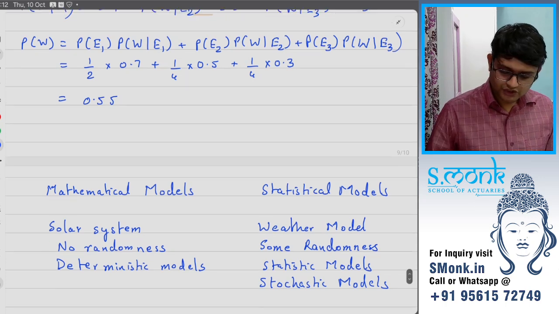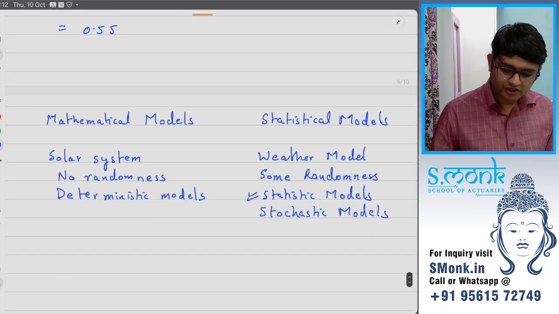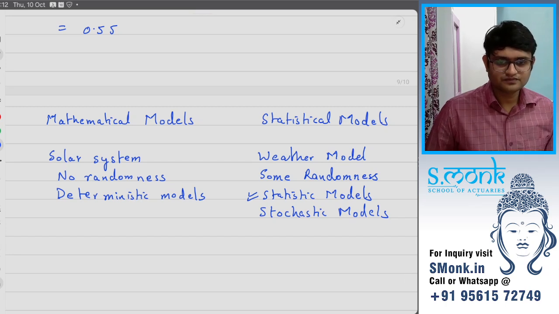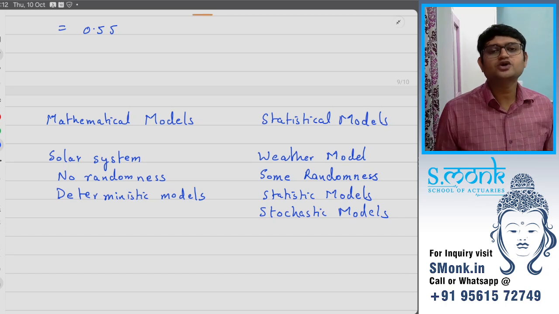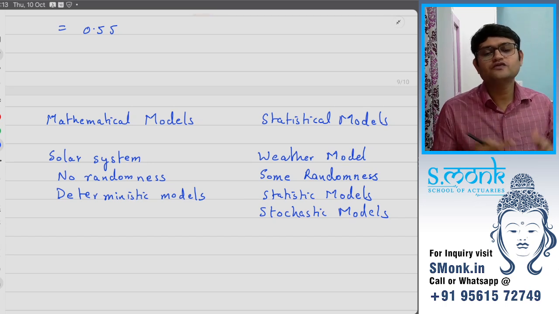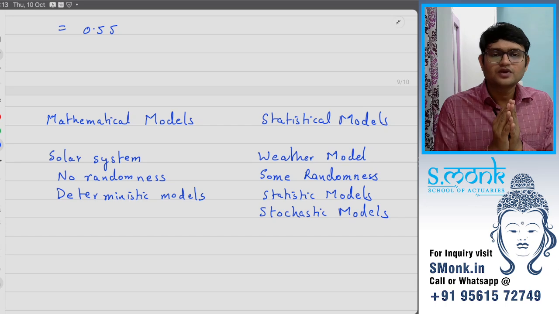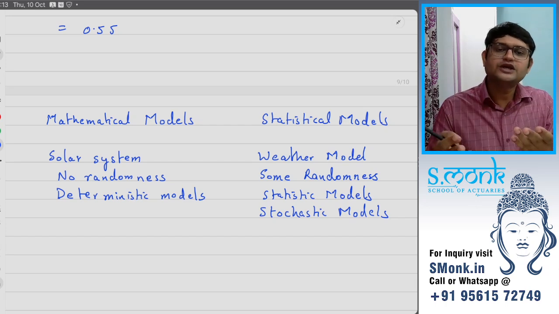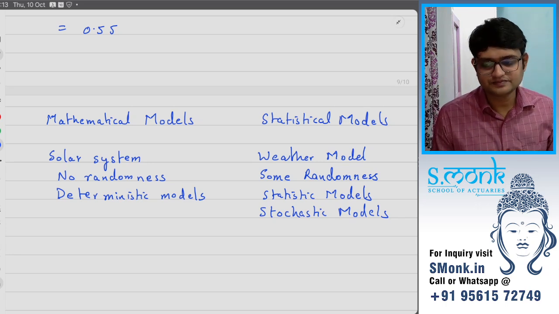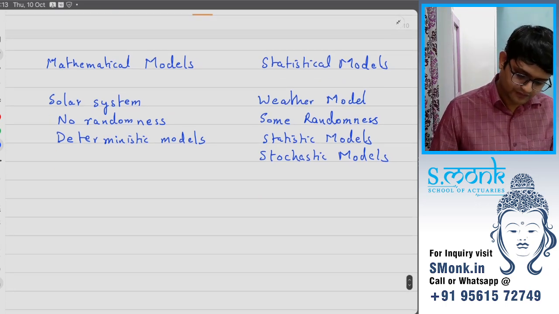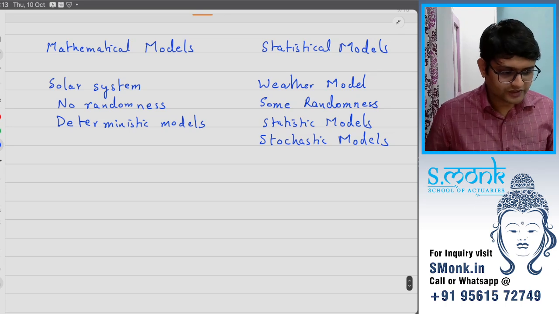So that is why it becomes a statistical model. So in a statistical or a stochastic model, we are always debating whether we should go for more complication or we should be satisfied by the accuracy that we are getting. So throughout the course we'll be talking about these things.